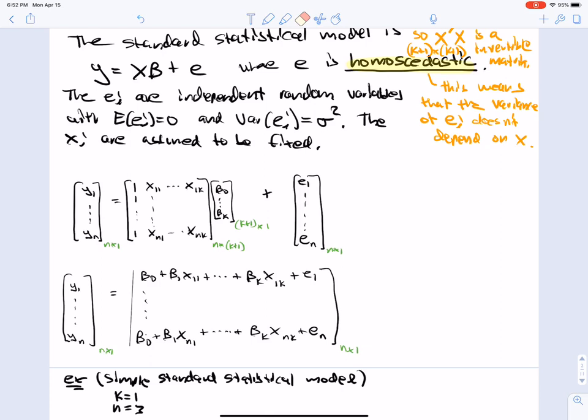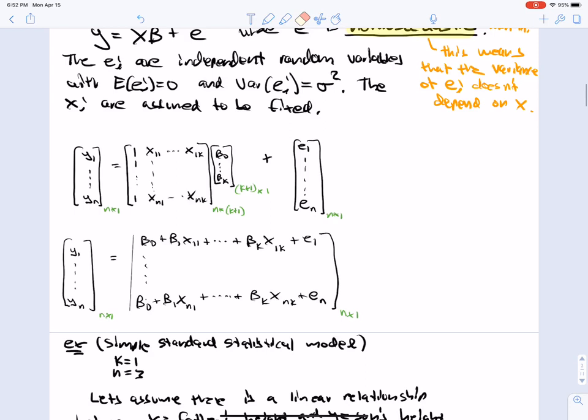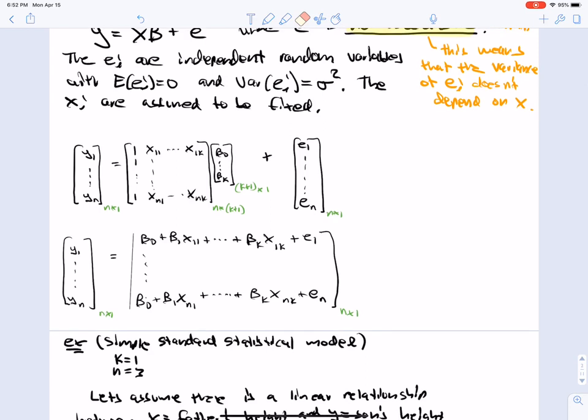So here we are now. So the x_i is your data, which is considered fixed. And so we have y is x beta plus e in matrix notation here, which amounts to these n equations, one for each observation.